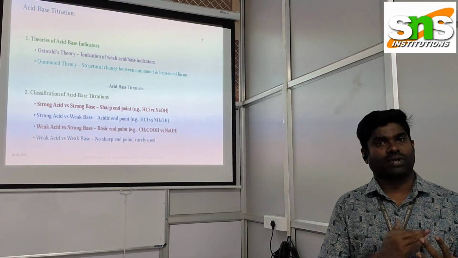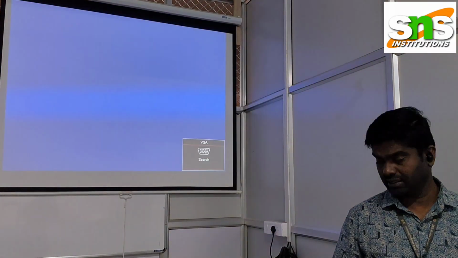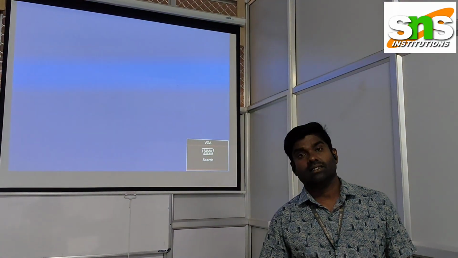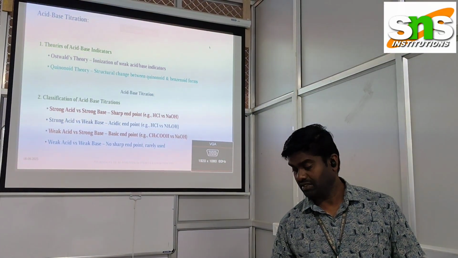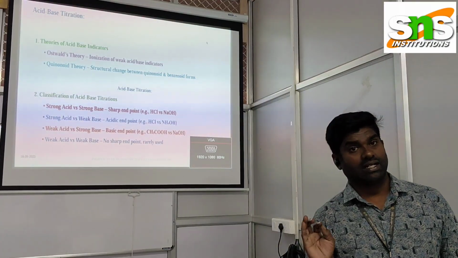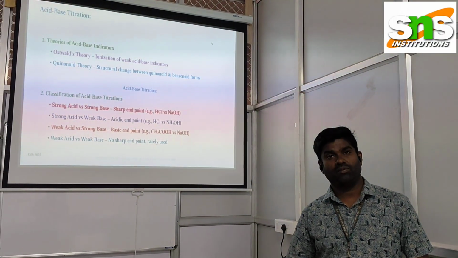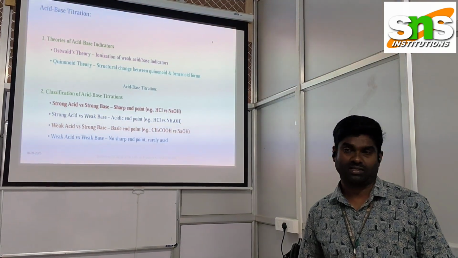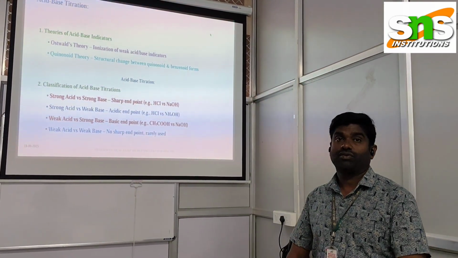And 3 to 6.9 is the weak acid category. 7.1 to 10.5 is a weak base, and more than 10.5 up to 14 pH is a strong base.